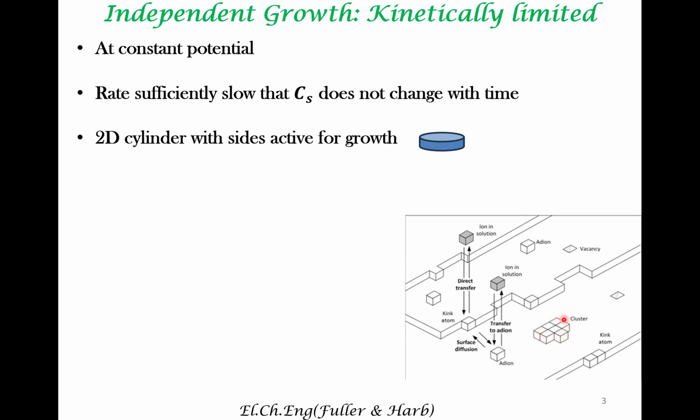So instead of considering a complicated structure, you can consider a two-dimensional cylinder of a particular height. This height is associated with the atom thickness. So we are imagining a monolayer thickness of a crystal that is growing, and the structure is approximated as a 2D cylinder.